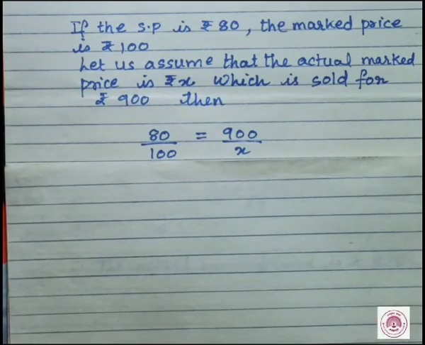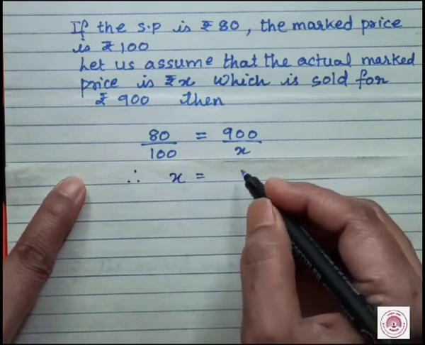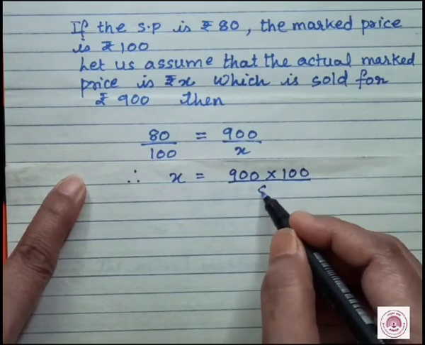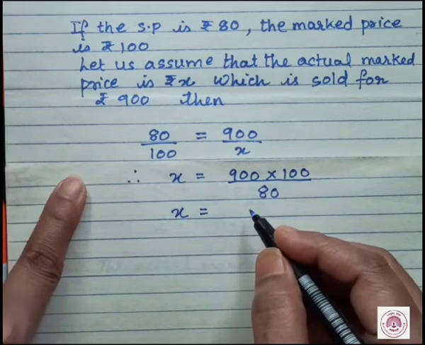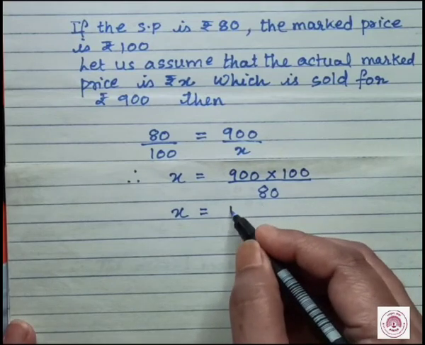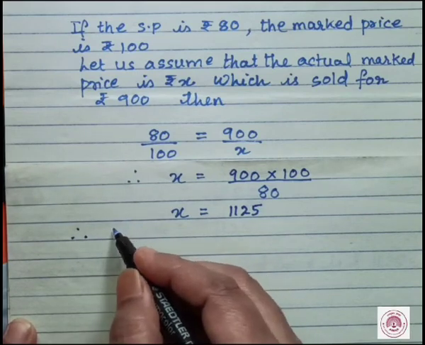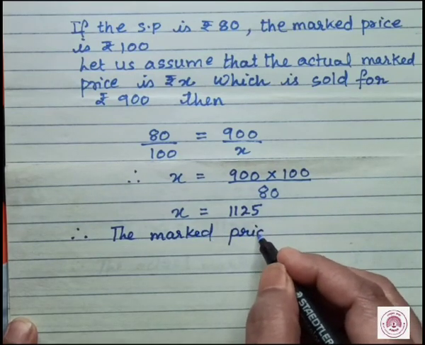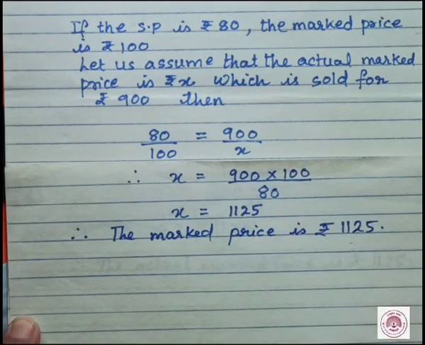Therefore, X is equal to 900 multiplied by 100 upon 80. After calculation, we will get X is equal to 1125. So 1125, right? So therefore, the marked price is rupees 1125. Okay.